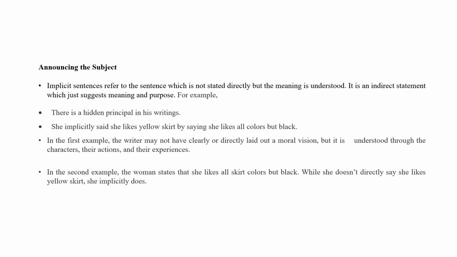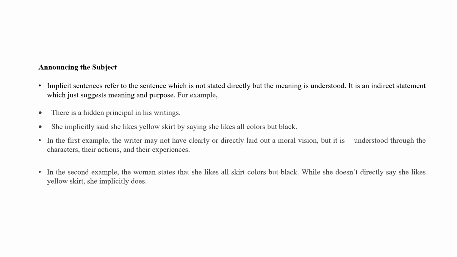Announcing the subject. Implicit sentences refer to sentences which are not stated directly but the meaning is understood. It is an indirect statement which just suggests meaning and purpose. For example, there is a hidden principle in his writings. She implicitly said she likes a yellow skirt by saying she likes all colors but black.